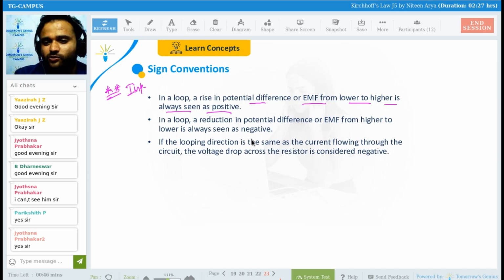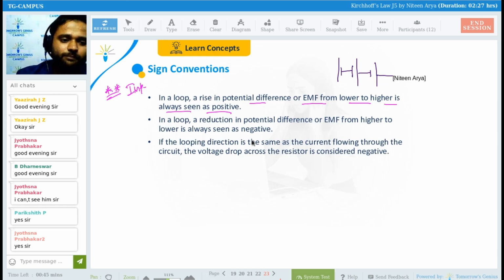I need to explain so much sometimes. Suppose this is your positive and this is connected to negative, then this is connected to negative and then positive, and then this is the same. Just a simple example. Now it is your V1, your V2, your V3.